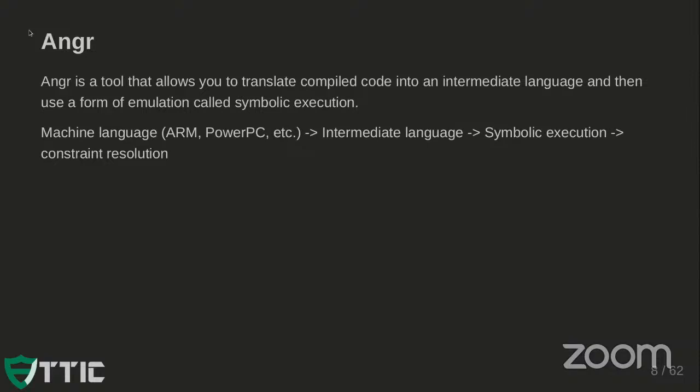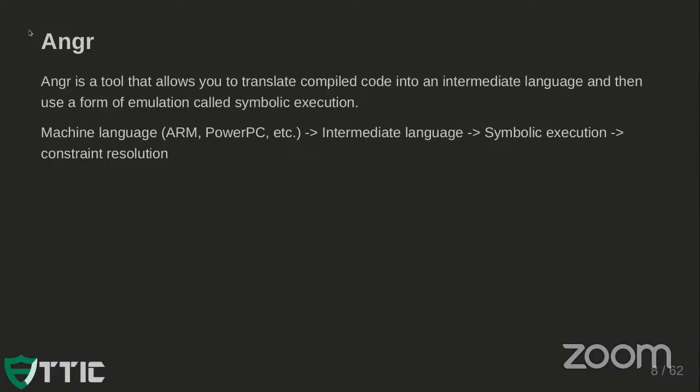Then it translates that machine code into an intermediate language, so the rest of angr can work with it. So we take your x86 or ARM and translate it into a language that it knows how to use. And then we use a form of emulation called symbolic execution.